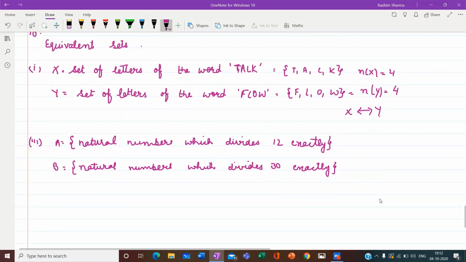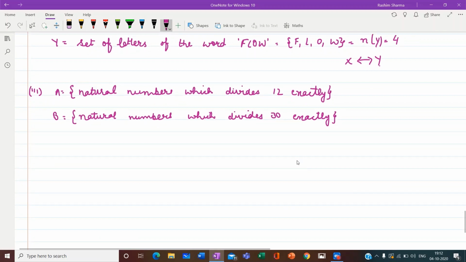Alright. Third part is A is a set of natural numbers which divide 12 exactly. If we write this set A in roster form, we will get 2, 3, 4 and 6. And set B is natural numbers which divide 30 exactly. So we will write here 2, 3, 5, 6, 10 and 15.